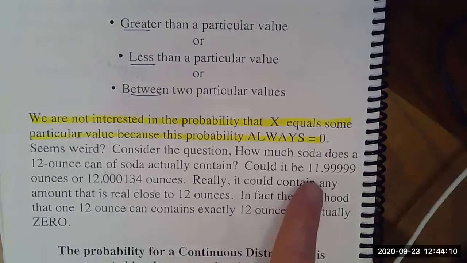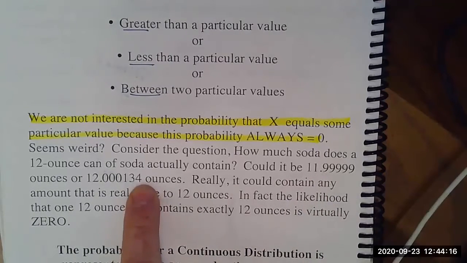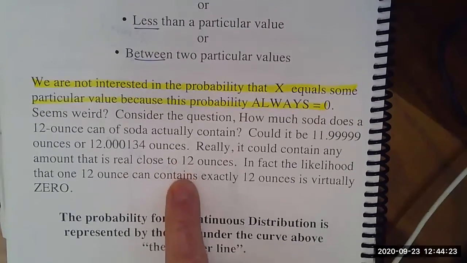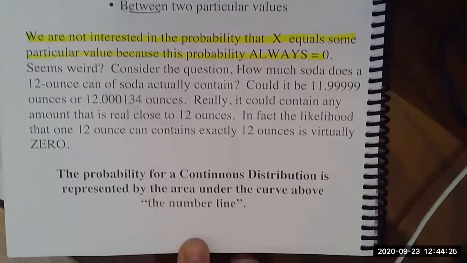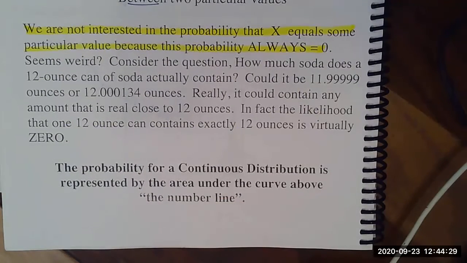A range. Could be a 12-ounce can. It could be. Could even be that. Real close. So what we're going to do is, under the bell-shaped curve, look at the area under the curve. Now, you guys know how to find areas of rectangles. You should, because you are former algebra students.